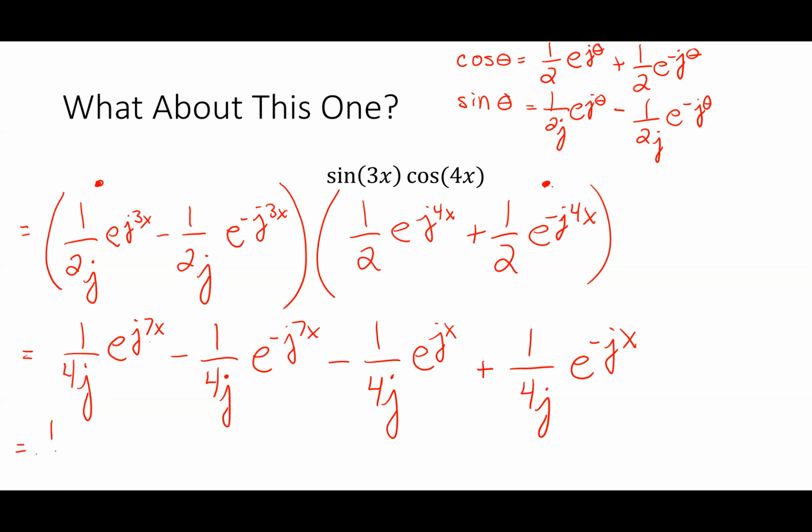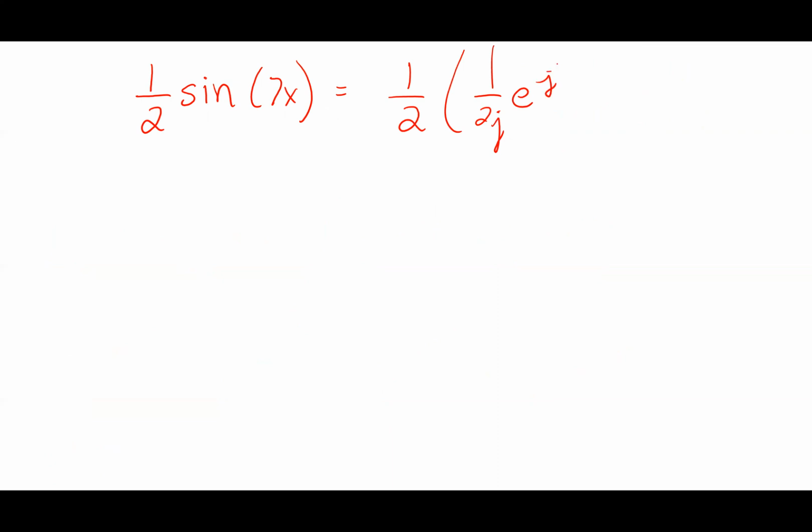Couldn't I say this is 1/2 times 1 over 2j e to the j 7x minus 1 over 2j e to the negative j 7x? What is that equal to? That would be 1/2 sine of 7x.